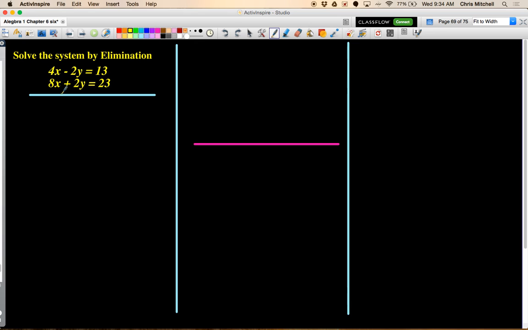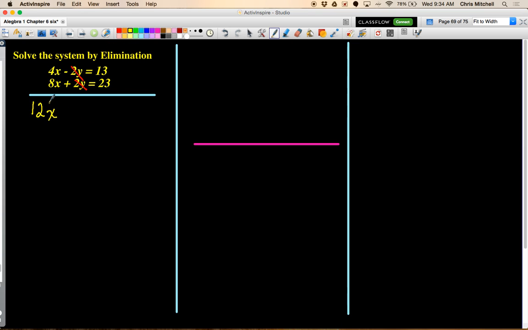Solving this system by elimination, I can go ahead and add. 4x plus 8x will simply give me 12x. Now I have a -2y and a +2y. That's going to cancel out.